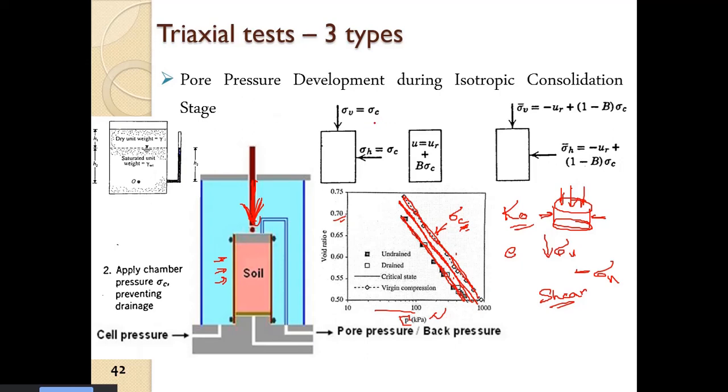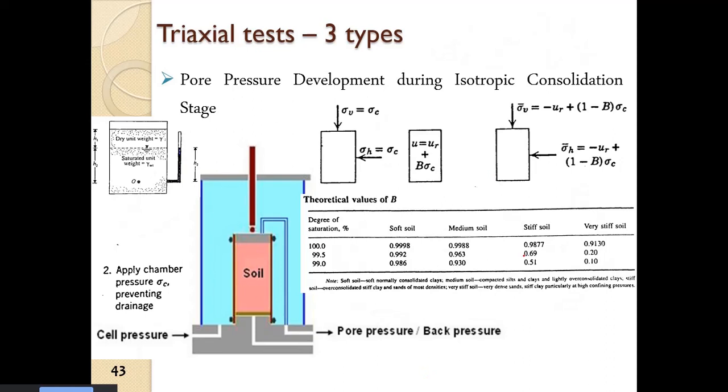Basically, in the second stage, until we come up to the pre-consolidation pressure of the actual in situ state, that is, until sigma c dash is equal to sigma dash in situ, the soil will behave as an OC soil. When it breaks that barrier, it will be NC.